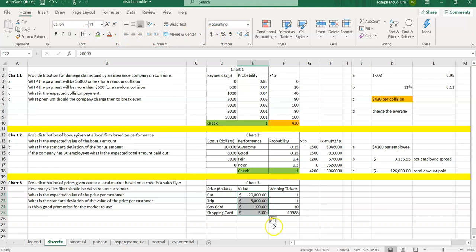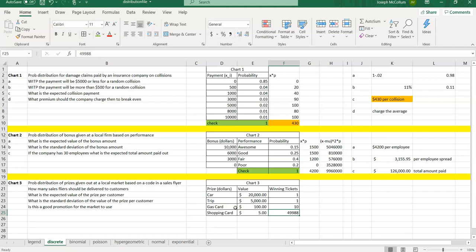So first I'll put these in dollars so you can see these are dollar amounts. So again, what do we have here? We have a car at $20,000, a trip, $5,000, a gas card, and a shopping card, and the frequency at which they can be won. One chance for the car, one chance for the trip, 10 gas cards, and a $5 shopping card, just so that way it gets people into the store.